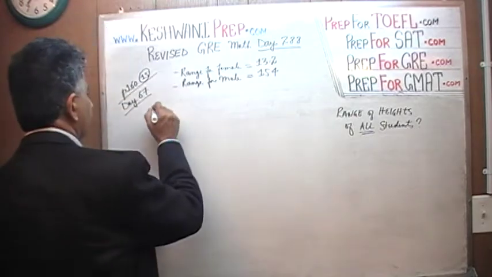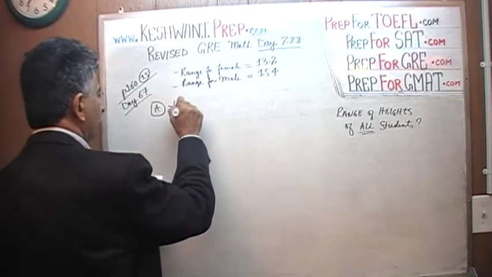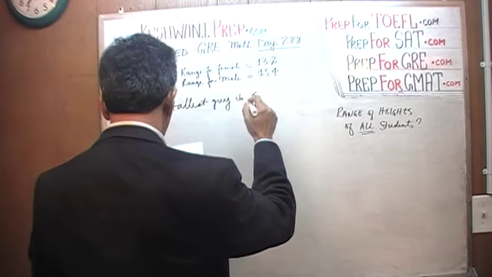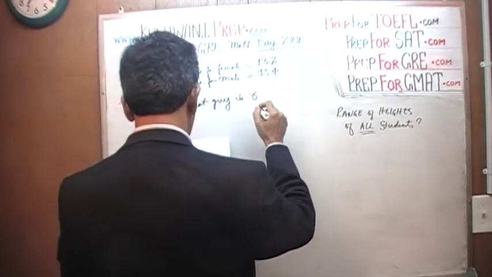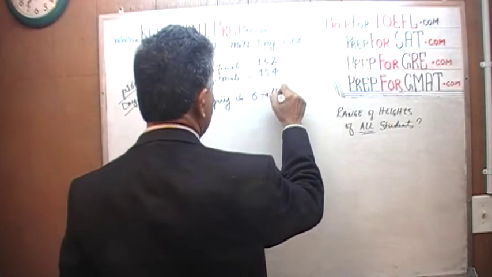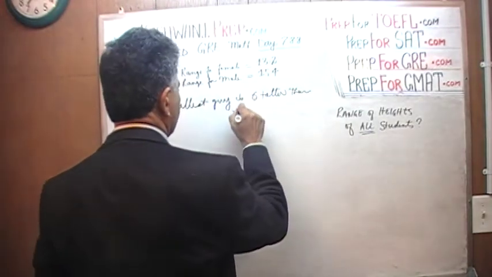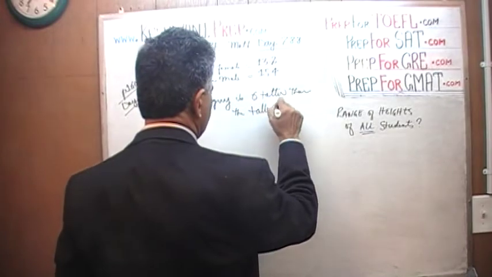Alright, so statement A says that the tallest guy is 6 inches taller than the tallest woman.